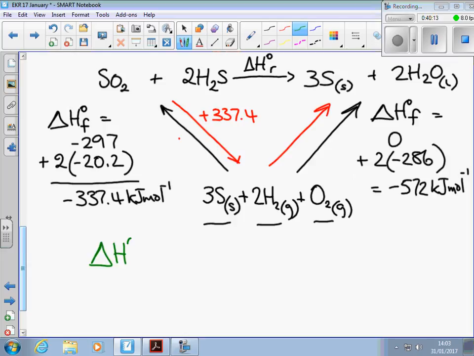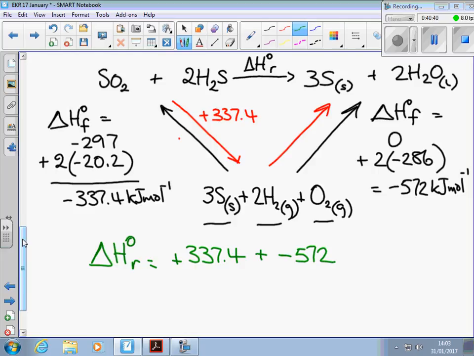Our enthalpy change of reaction for this is the plus 337.4 that we've used to break our reactants into their elements, plus the minus 572 that we get as a result of forming the products.